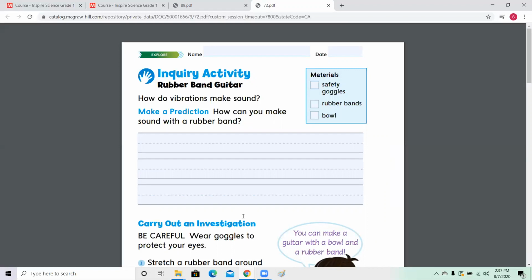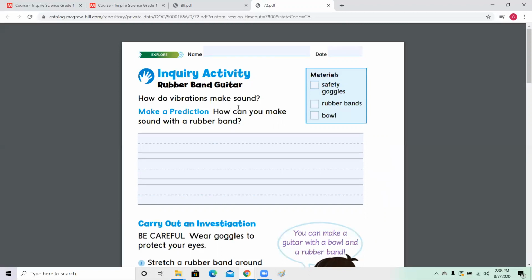Rubber band guitar. I know you played this game before. If you just have a simple rubber band and you hold it or you tie it between two pencils, for example, and you just block the rubber bands at different stretching, you're gonna hear different sounds. So you can play and have fun with this one.